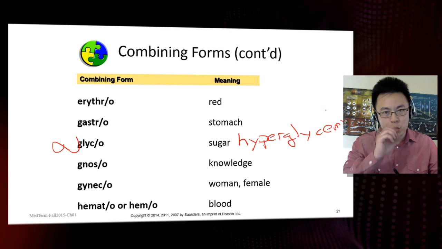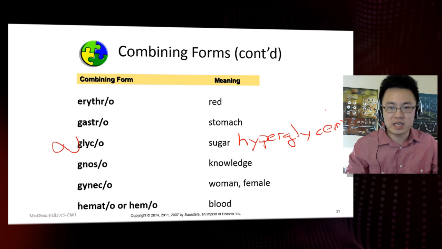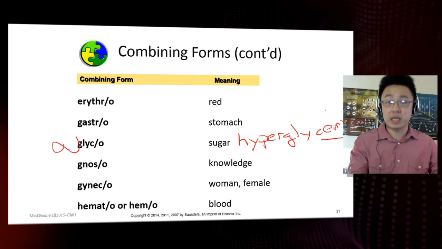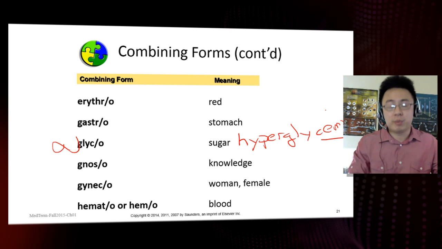However, if you're in my class, this is the definition that I want you to know. It is an abnormal condition. That's what emia is. Emia means an abnormal blood condition of having excessive blood sugar levels.